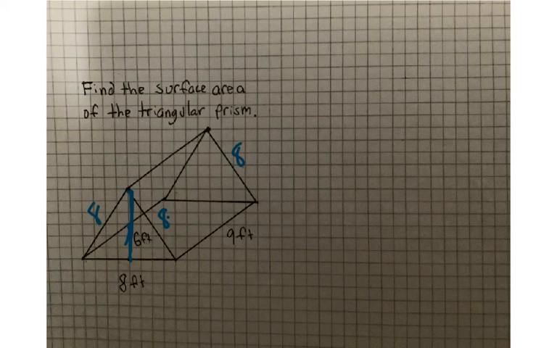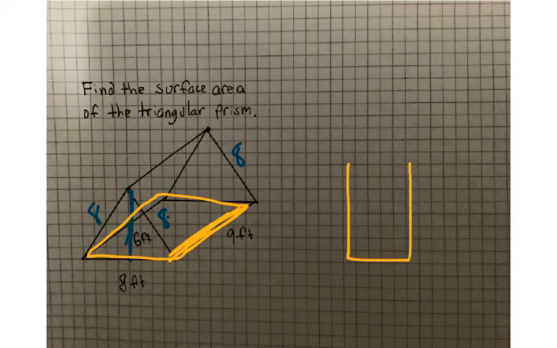In order to find the surface area, we want to make a net. I generally would say draw the bottom here first. Okay, so I'm just going to make this rectangle like this. I know the length of this side is 8 feet, and I know that my other dimension is 9 feet.